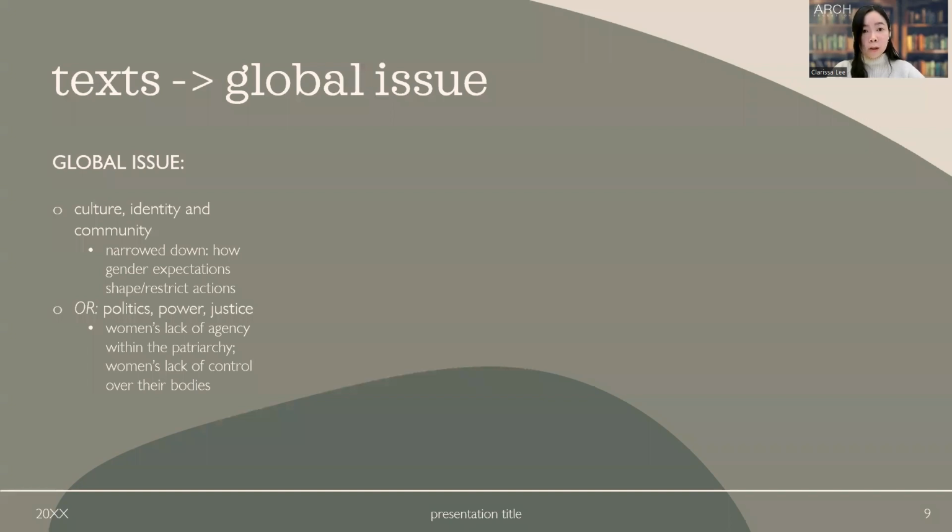So let's look at how we bring the texts to the global issue. A couple of potential global issues that we could tackle here will affect what parts of the extracts you focus on analyzing, right? What I'm seeing potentially, you could do a culture, identity, and community topic by talking about how gender expectations shape or restrict or affect individual action. That would be related to identity and community. Or you could go into politics, power, and justice, another one of the popular topics.